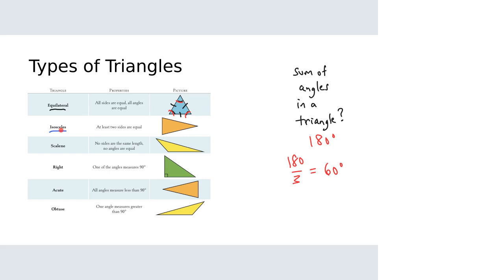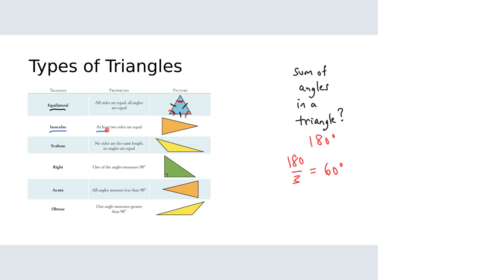That's okay. An isosceles triangle has at least two sides that are equal, at least being very important. The words exactly and at least are very different from each other. On Tuesday, we talked about the fact that a trapezoid has exactly one pair of opposite sides that are parallel.